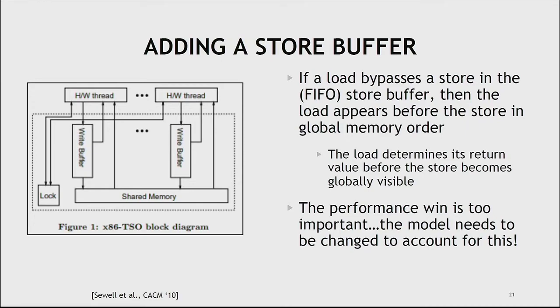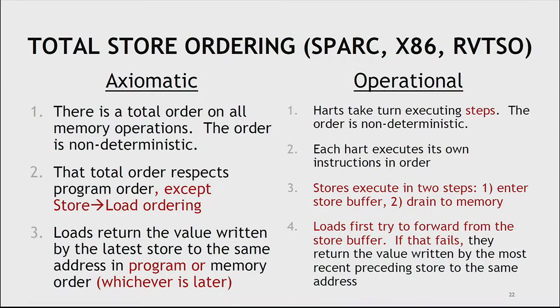It's going to grab its value before the store has gone out and become globally visible, which means now all of a sudden we need to relax that constraint that we had before, that all of program order is preserved, because now we're not actually preserving it anymore. We're having some events that originally were in a certain order, they're now appearing out of order in that total order. So if we come back now to the rules with that intuition, that's what's going on here, right?